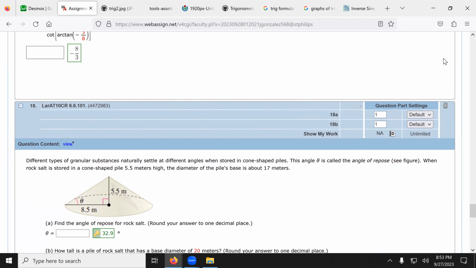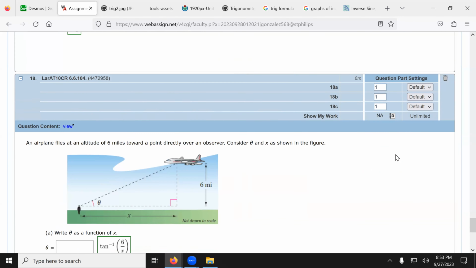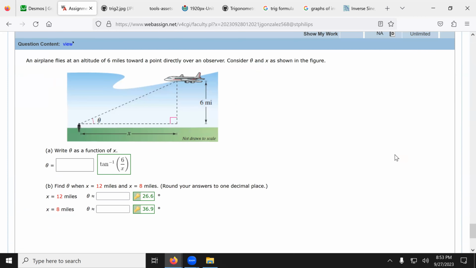Delete these word problems for you just because I don't want you to suffer too much. Let's see here.